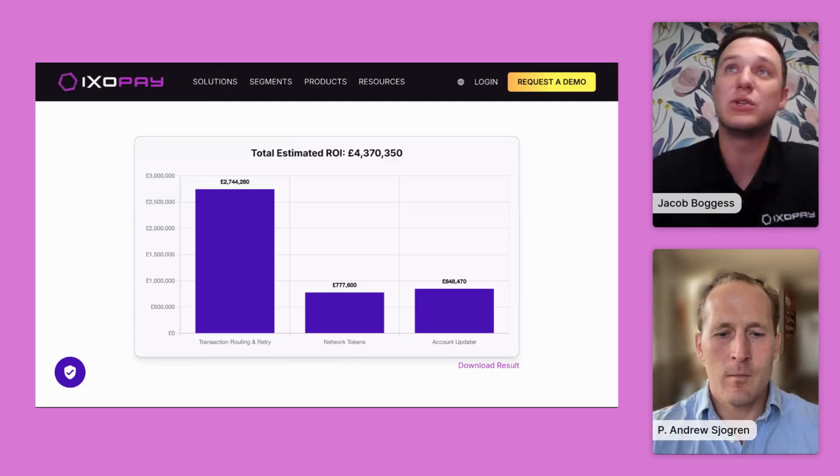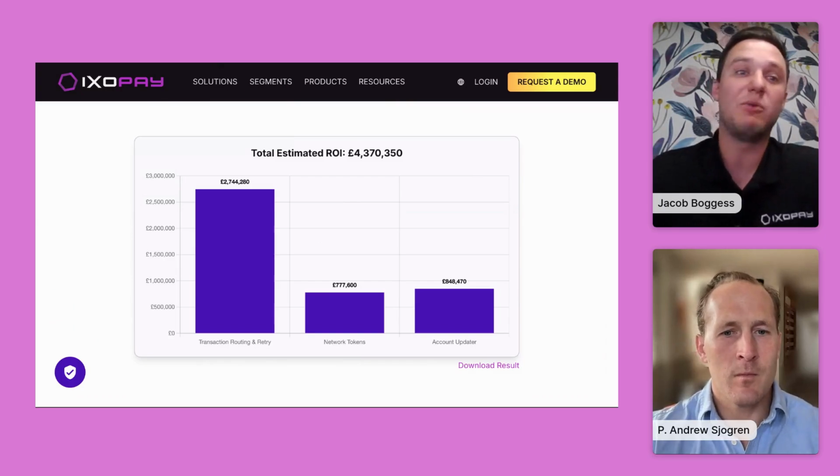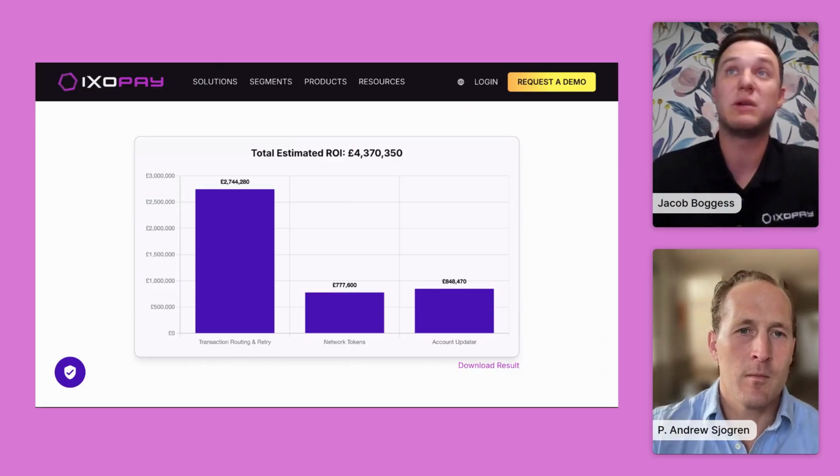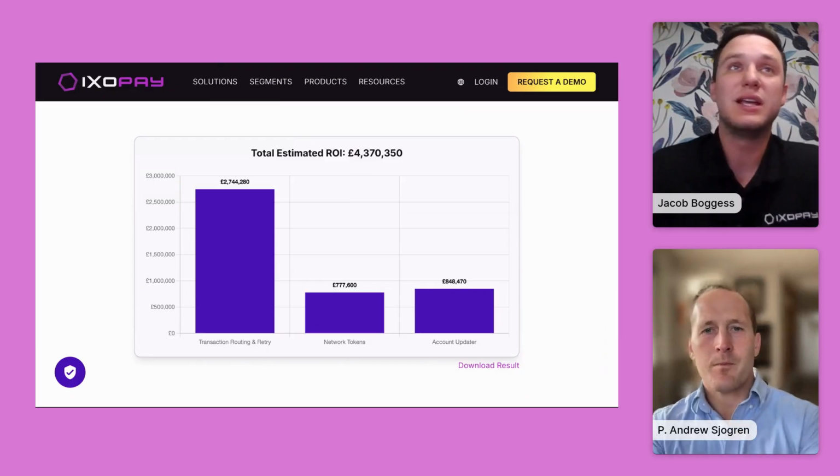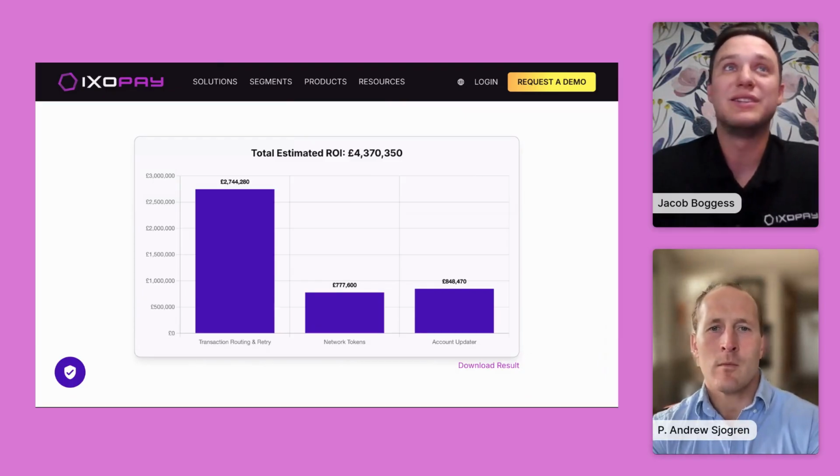Understand that my business can benefit from payment orchestration, from an IXOPAY, from a network token, from a card account updater, somebody that can help me optimize my strategy. Maybe I'm a little bit green to payments, or maybe I've been in payments for 100 years and I've just been doing it the exact same way since I started. This gives you that idea generator of, oh, this is something that we need to take a look at.